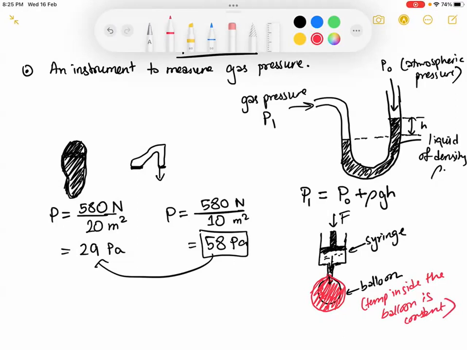Because if the temperature is increasing inside the balloon, then the volume would change even more, because at higher temperature gases expand even more. Obviously, if the temperature is decreasing inside the balloon, then the volume will itself decrease inside the balloon. That's just one of the factors.